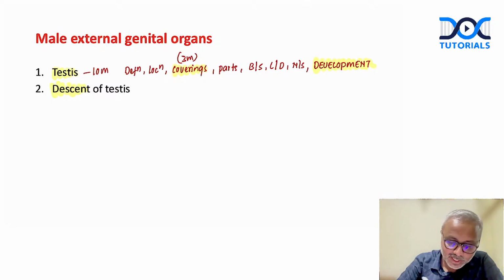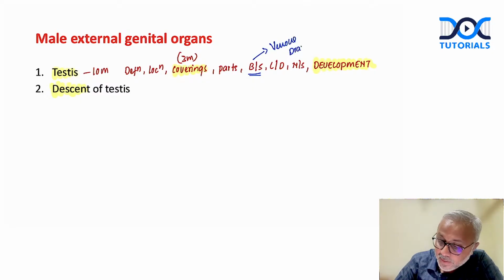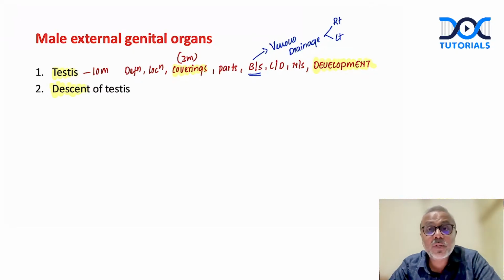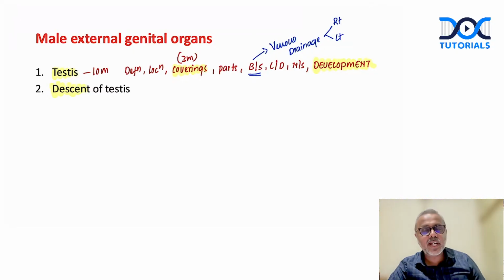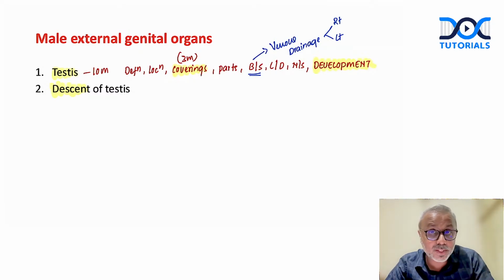One more important thing here is when they ask about the blood supply. Remember, in the blood supply, they will particularly ask you about the venous drainage. Why? Because the venous drainage of the right and the left testicular veins differs. On the right side, it goes to the inferior vena cava, whereas on the left side, it goes to the left renal vein.